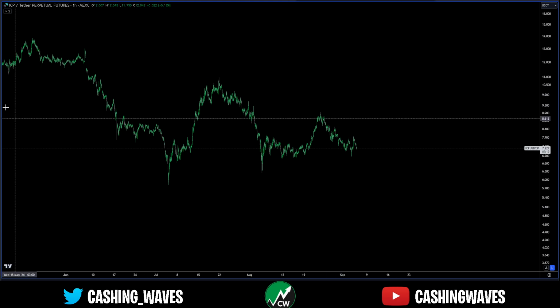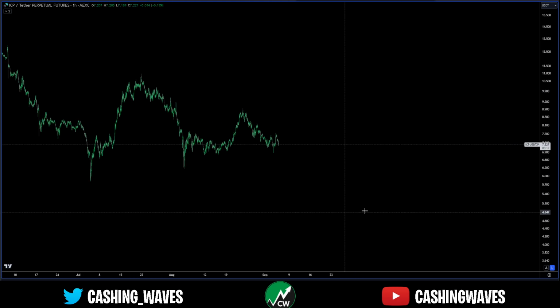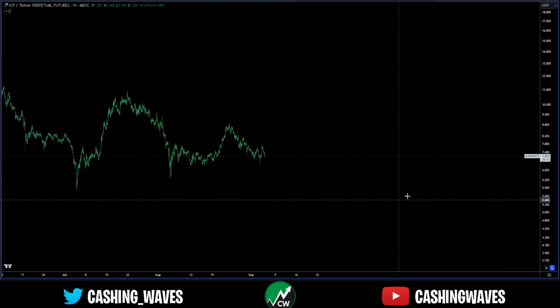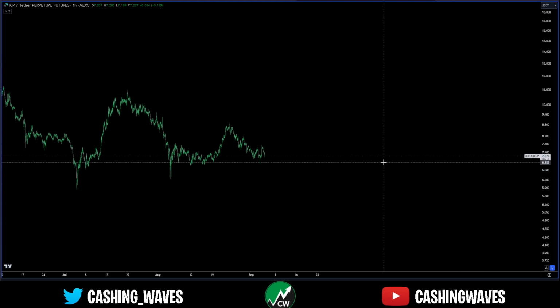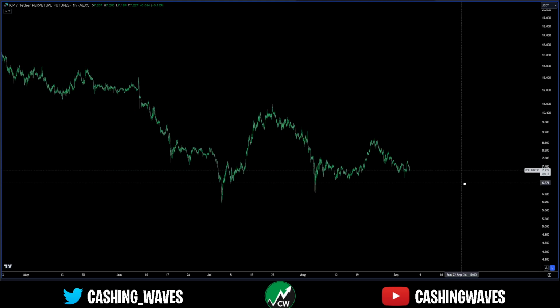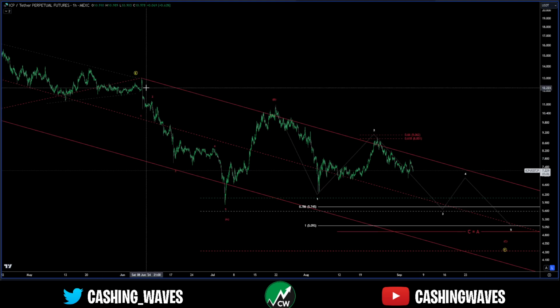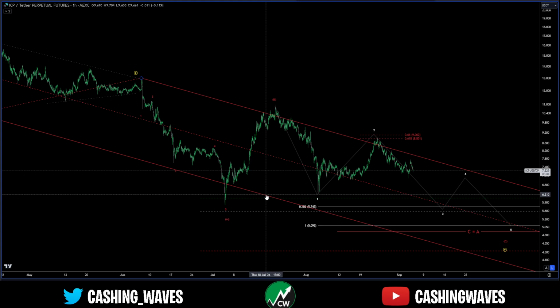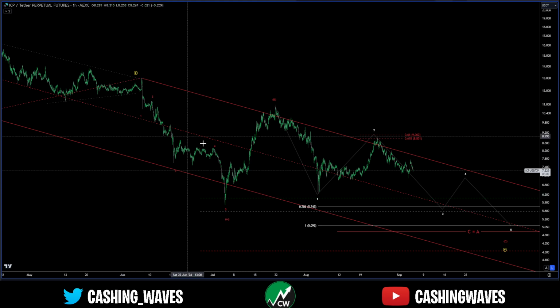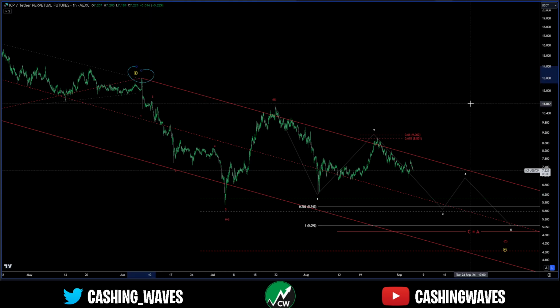And I'm trying to think of ways we can recover that are not low probability, and they don't really exist. The only way I would see that possible, I don't even really want to talk about this, is if this was a three-wave move. I guess technically this could be our X up here.